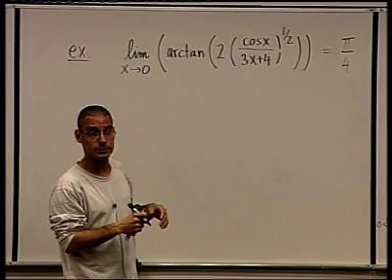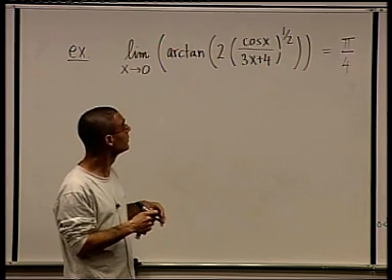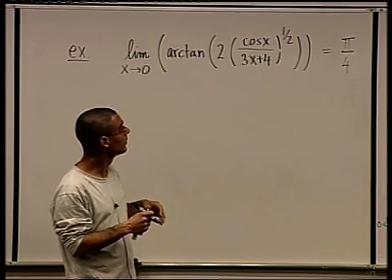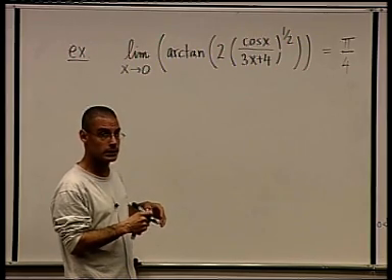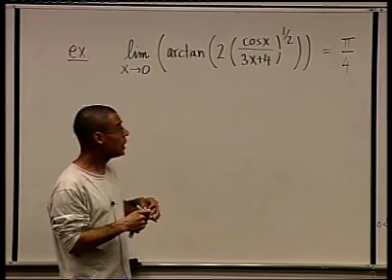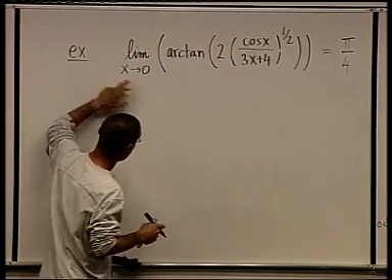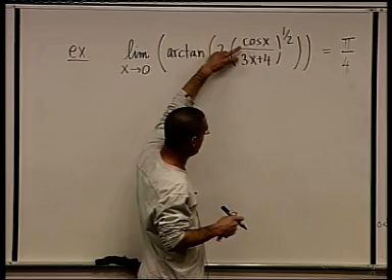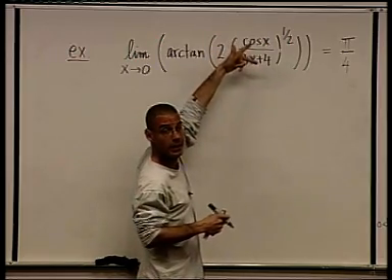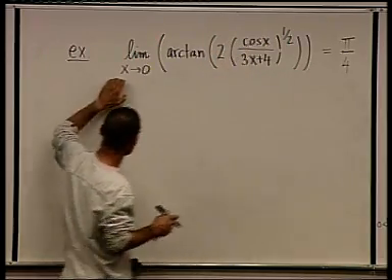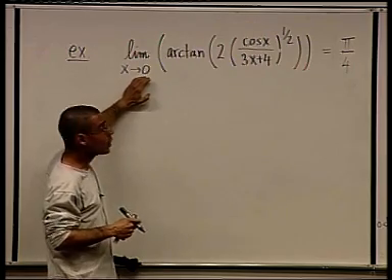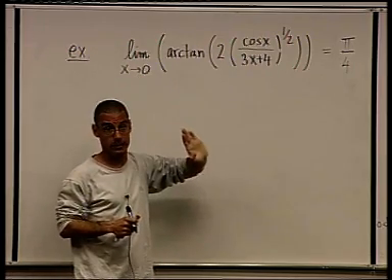Yes? You won't be dividing by 0 because you're looking at the limit as x approaches 0. The question was, what if we take the cosine x on the bottom? Okay? So as x approaches 0, cosine of x approaches 1.